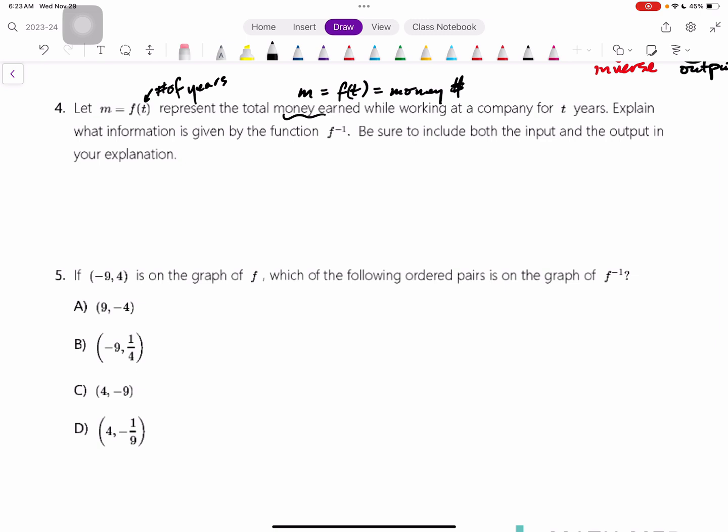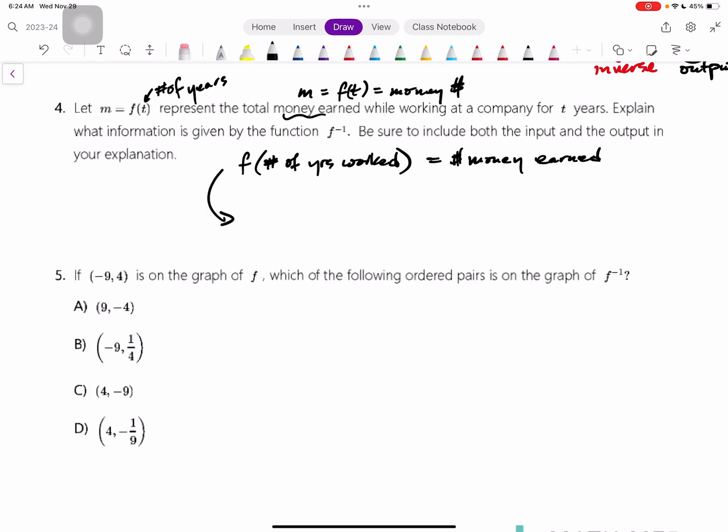Okay, so let me just say it like this. The function f of the years worked gives you the money earned. So this is basically what's going on with the function. And then what does that tell me?